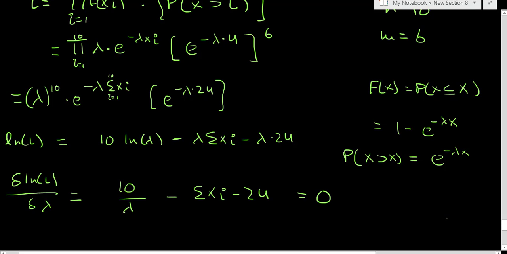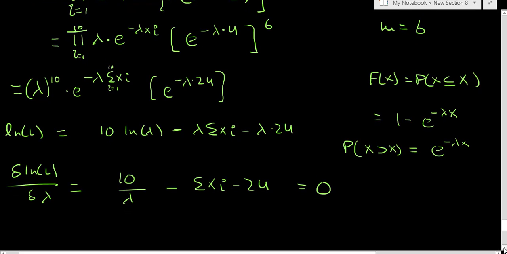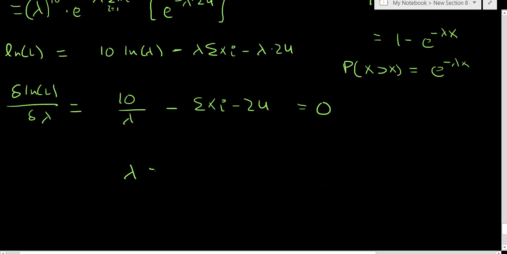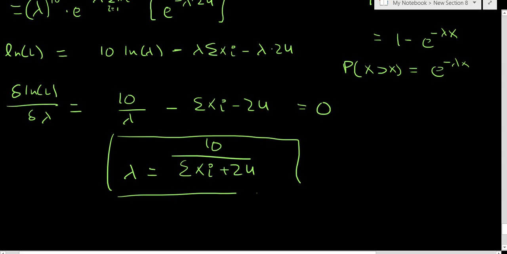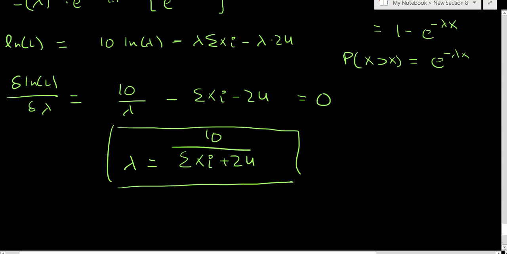And then equating this to 0, I have got lambda is equal to 10 divided by sigma xi plus 24, right? This is what I have here. This is my final answer.